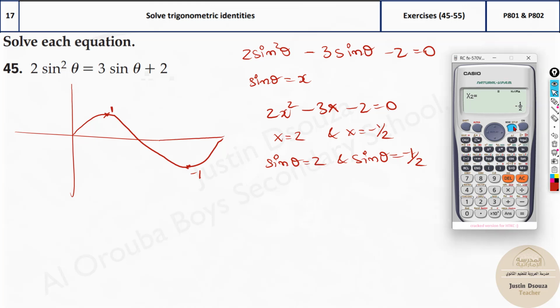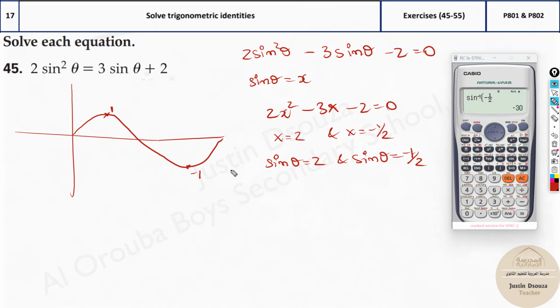We can verify it with the calculator. We'll go back to the computing mode and take sine inverse of 2. It'll be a math error. So this shows you that it does not exist. But if you take sine inverse of negative half, that is minus 1 by 2, you're going to get an answer of negative 30.